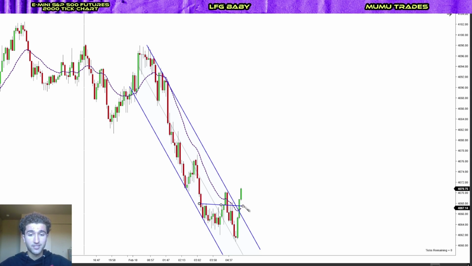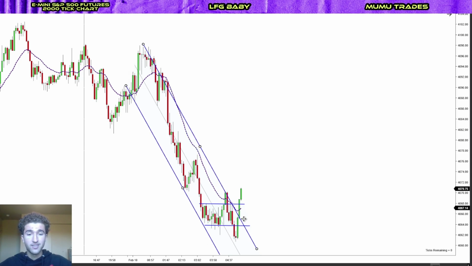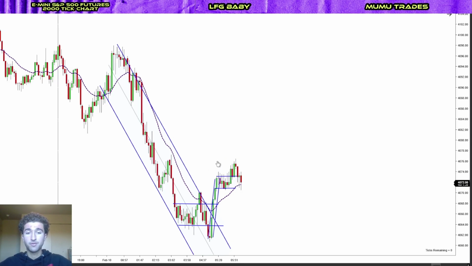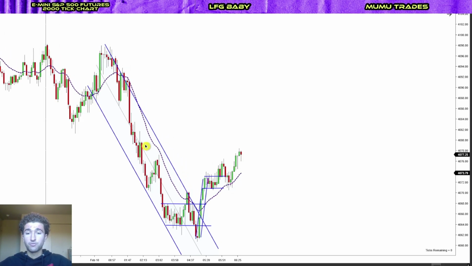What it looks like is just some sort of congestion with breaks out of either side, followed by this short-term uptrend, followed by some more congestion right here. Now I'm just drawing these little mini ranges just to show you what I'm talking about, but this is really what's going on. We have a downtrend followed by a break, new low.